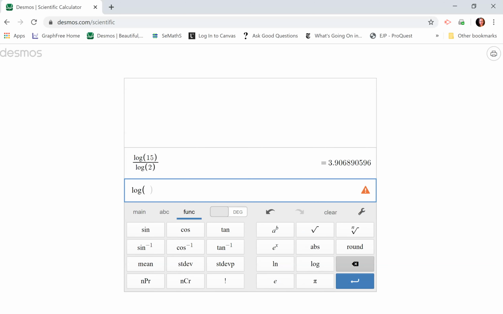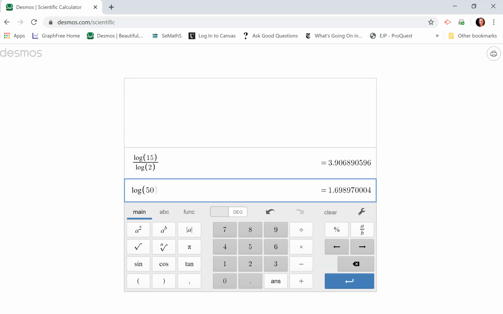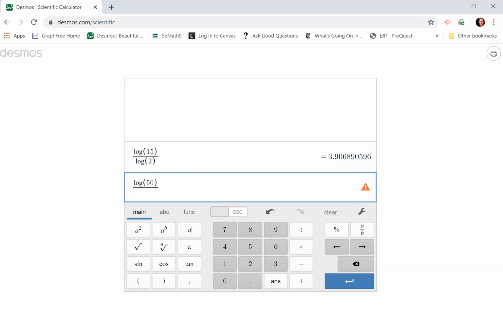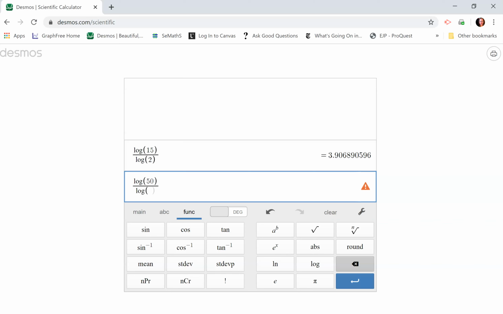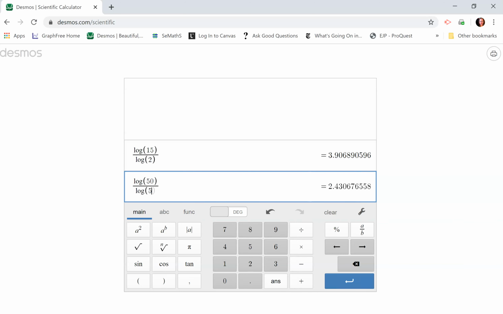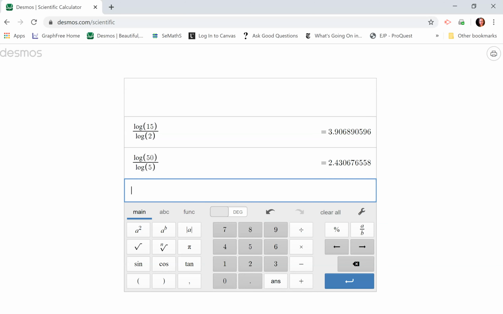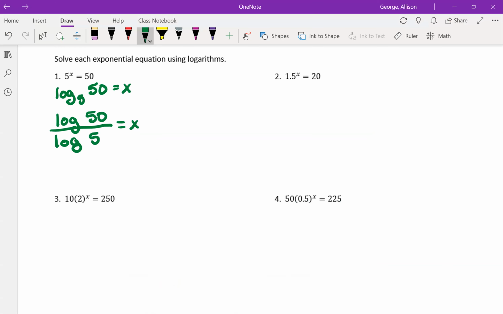So we have log of 50. Make sure you get out of those parentheses before you hit the division sign, and then divided by log of 5. That's going to give us 2.43, and that's it. We're good.